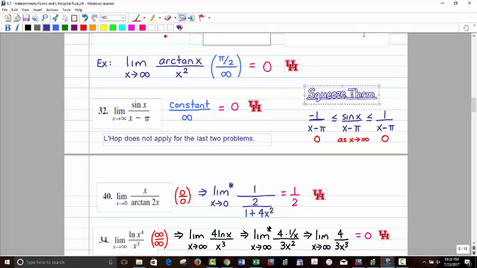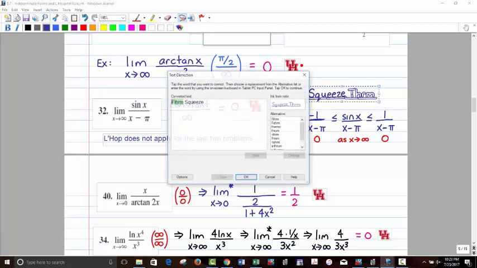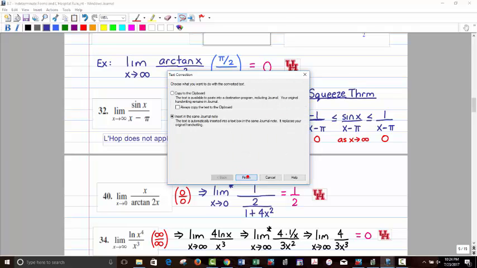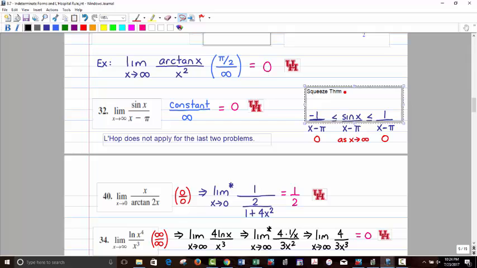And the squeeze theorem says that if you can define your function between two other limits, and the outside limits have the same result, that means the middle limit has to have the same answer.